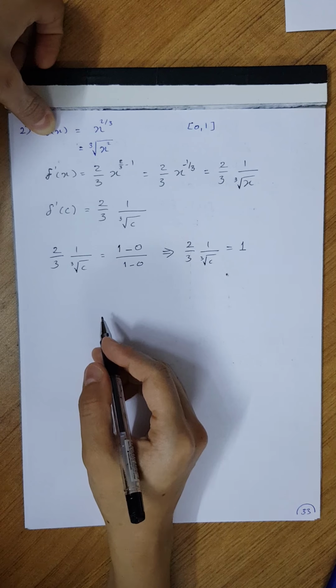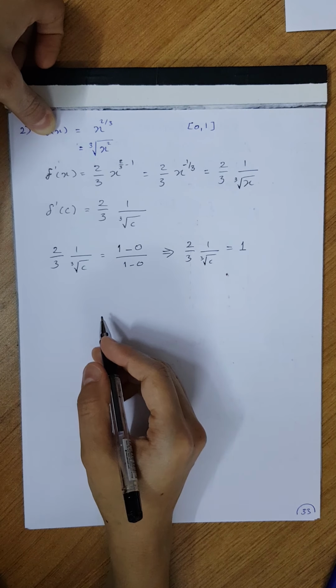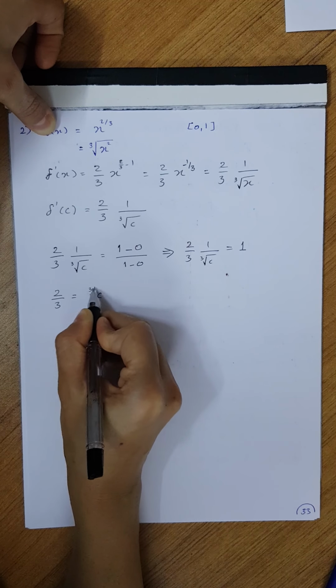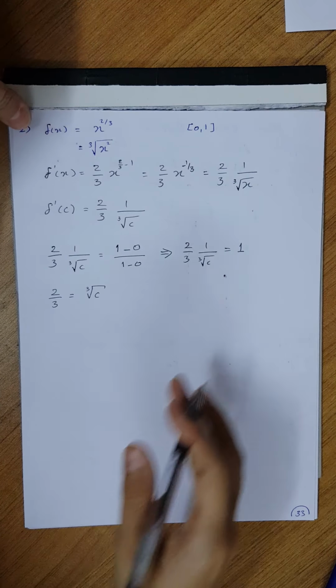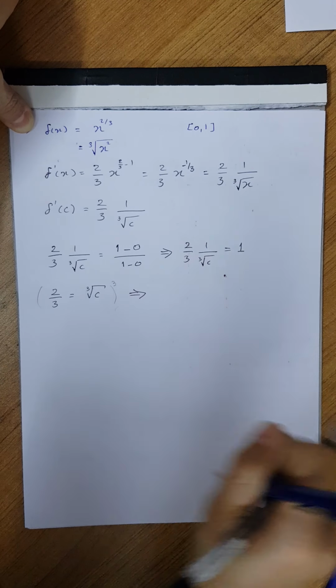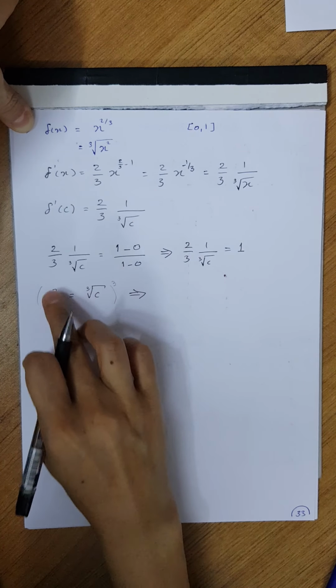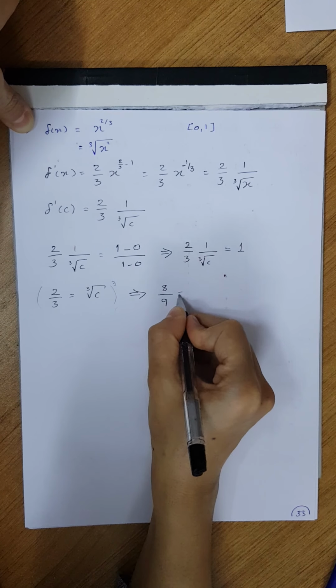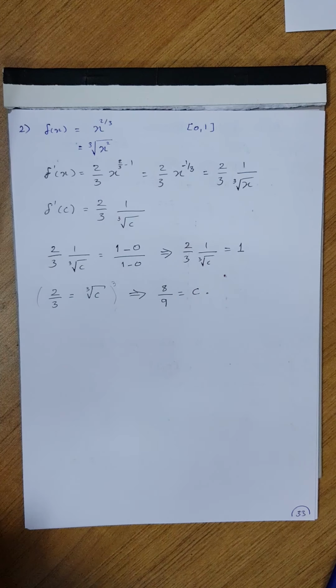Now, simply we can solve this one. That will be 2 over 3 is equal to cubic root of c. I simply multiplied both sides with this one, or you can say we did cross multiplication. So taking the third power of both sides, this 3 will go with that 3, and this one will give me 2 to the power of 3 is equal to 8, and 3 to the power of 3 is equal to 9, so c is equal to 8 over 9.